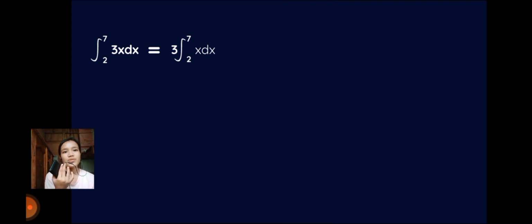Okay? So ang sunod nato is gamiton nato si power rule of antiderivative, which is, 'di ba, sa power rule of antiderivative kay ang iyahang formula is x raised to n plus 1 over n plus 1.